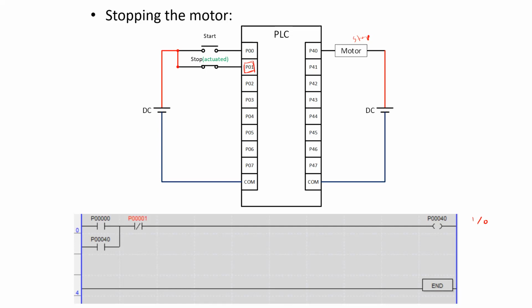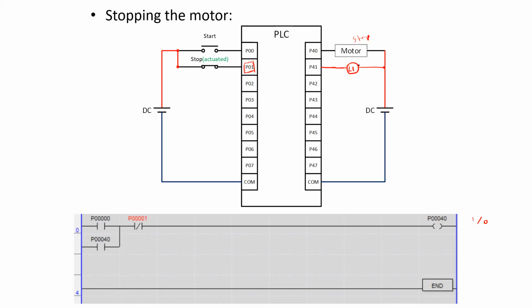Now apart from this, let's say along with port P41, I'm connecting a lamp L1. I want this lamp to glow as long as the motor hasn't started running.